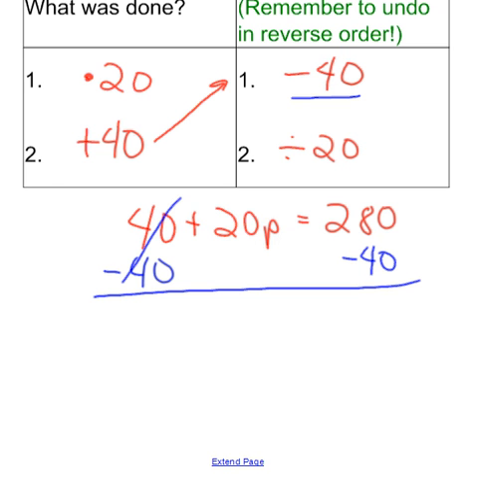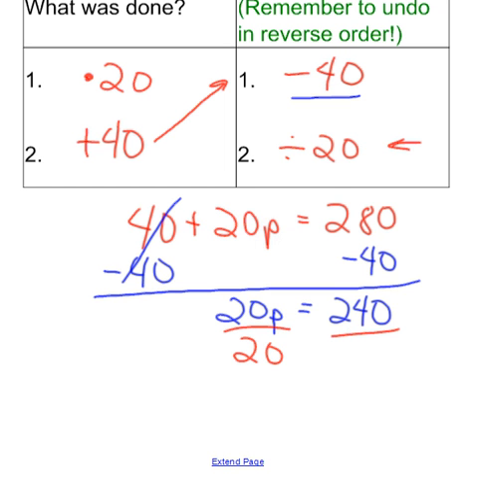These cancel out and I end up with 20p equals 240. Next thing our directions tell us to do is divide both sides by 20. And so we end up with p equals 12.